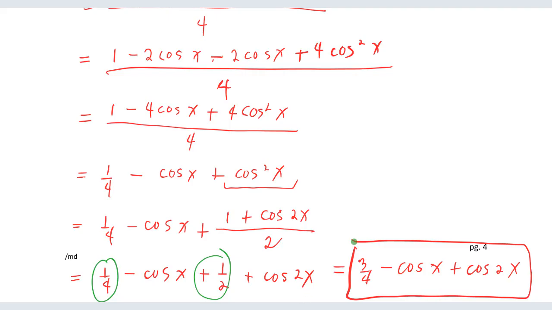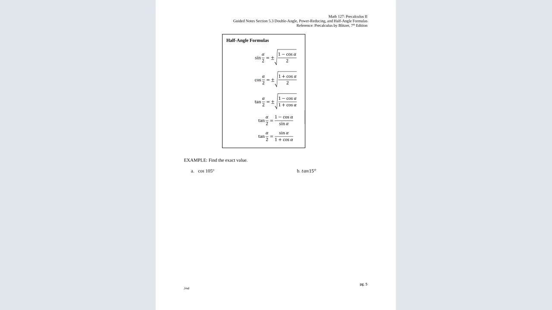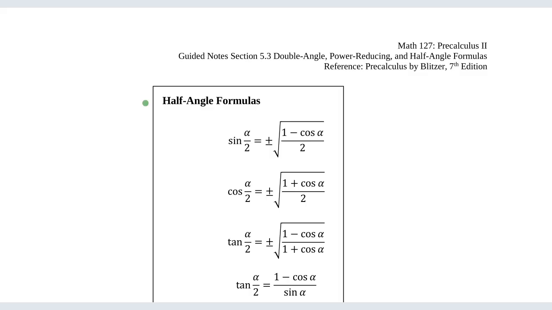All right, now moving on to the next item here. Our final goal here is to go over the half angle formulas. Notice how these formulas relate to the double angle formulas we just studied. Earlier we started with an angle and found information about twice that angle.